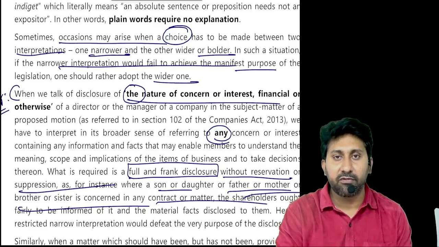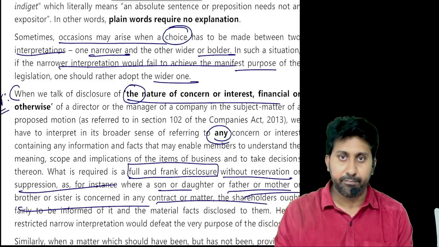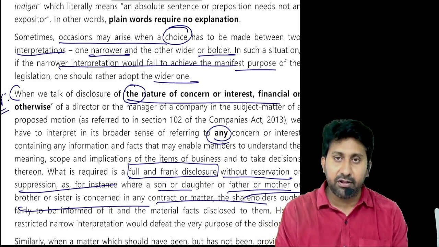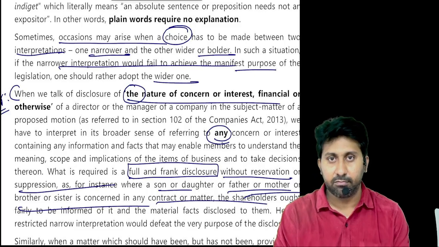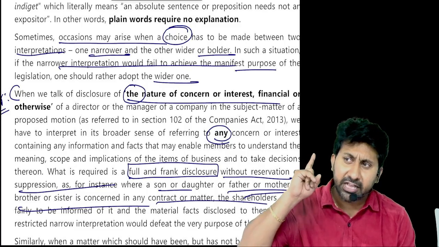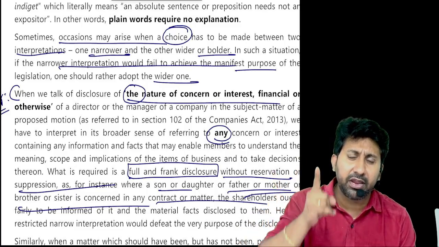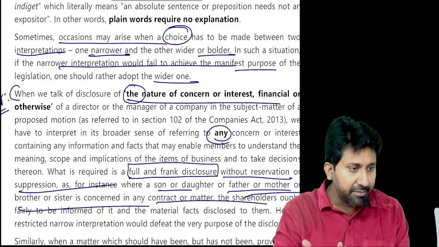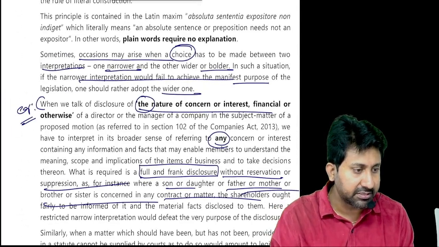One is a narrower one, another is a wider one. So tell me, as per the intention of the law, should you give a narrow meaning or a wide meaning? Wide meaning, you need to give better disclosures to the members.